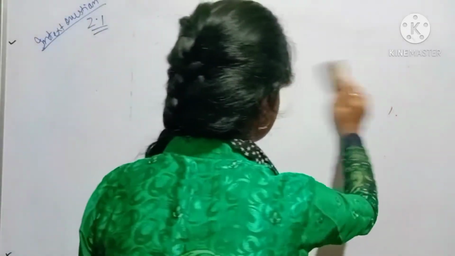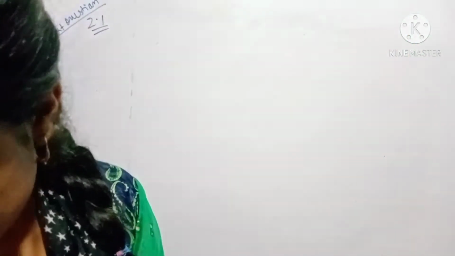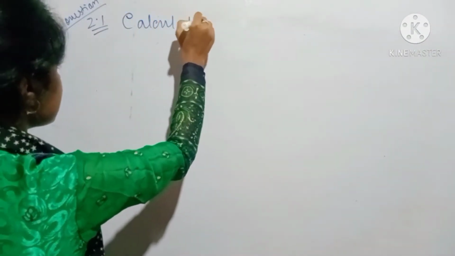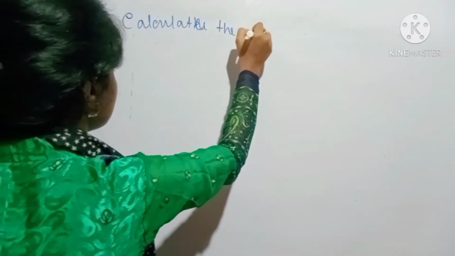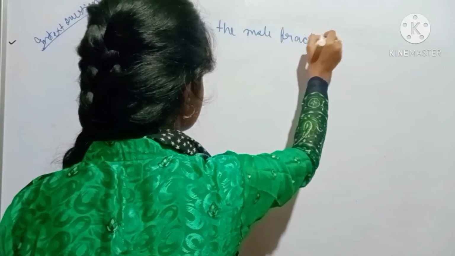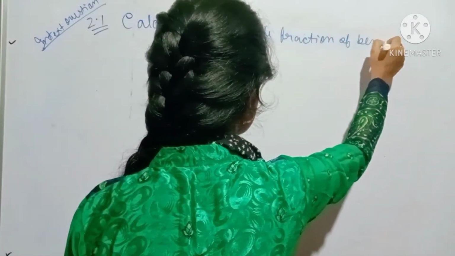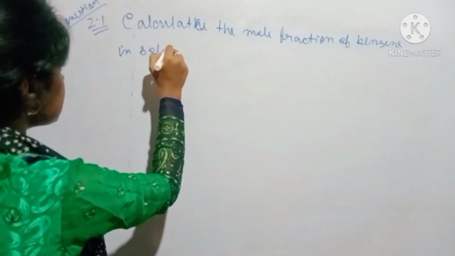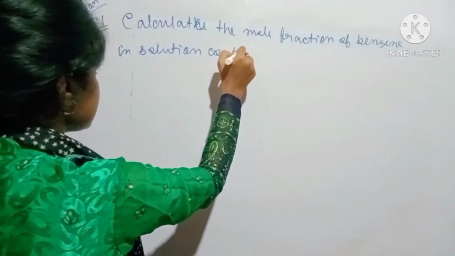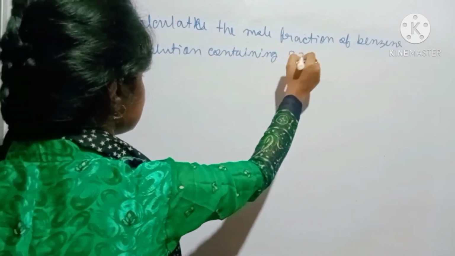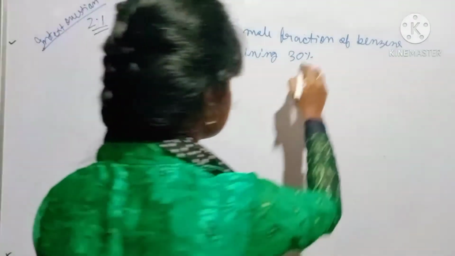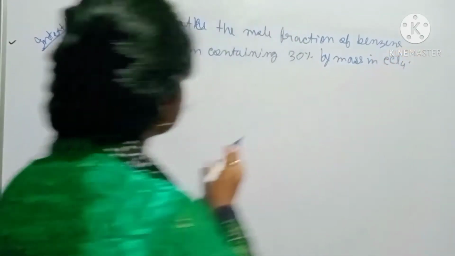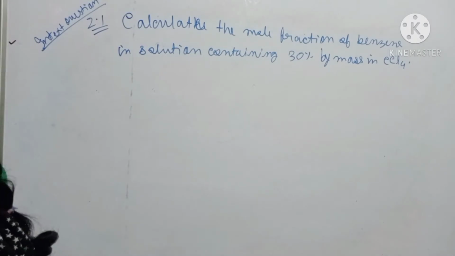The question is: calculate the mole fraction of benzene in a solution containing 30% by mass benzene in carbon tetrachloride.